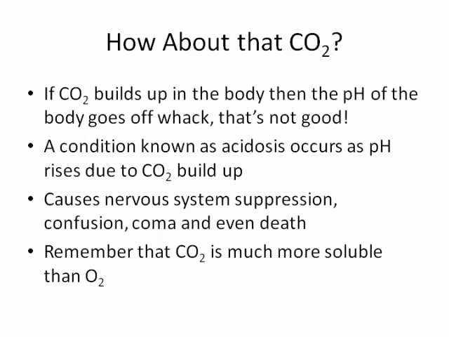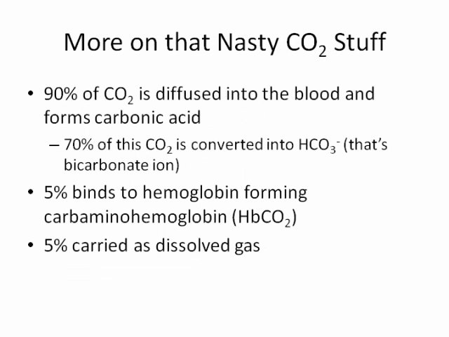All right. So with that said, how does our body go ahead and regulate this stuff? How does it transport it? How does it get it from point B back to point A so we can get rid of it? And the key is the simple fact that 90% of the carbon dioxide that is in our body gets diffused into the circulatory system and is removed through the circulatory system. How?